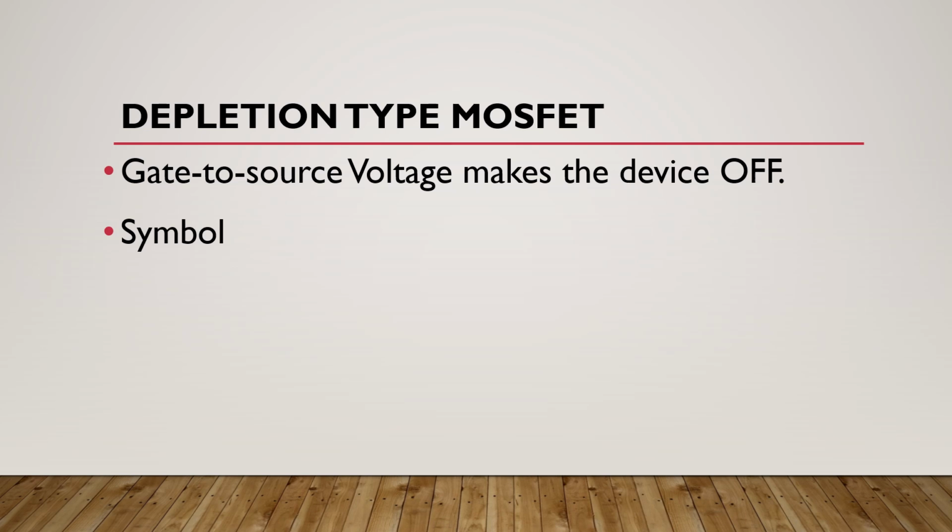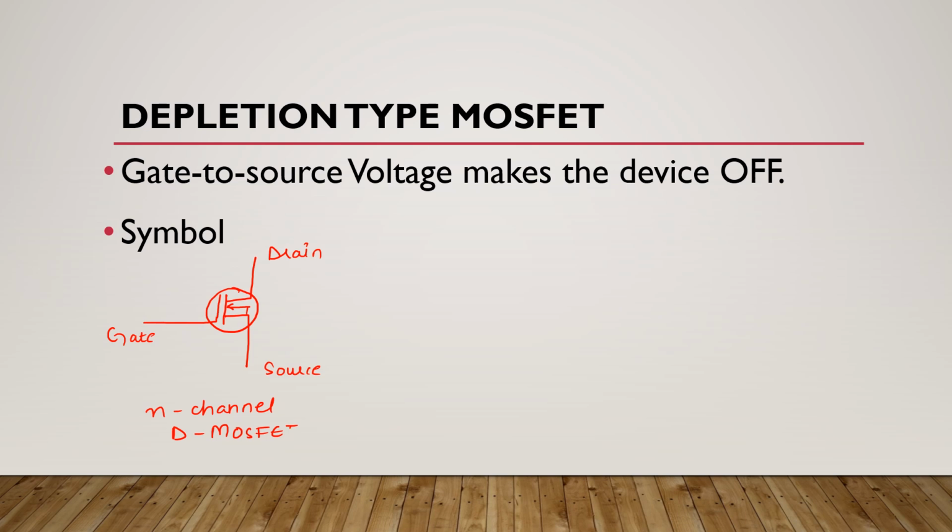If you have a symbol like this, where this terminal is drain, here we have gate, and here we have source, and if the arrow is here like this, then it is N channel D MOSFET.